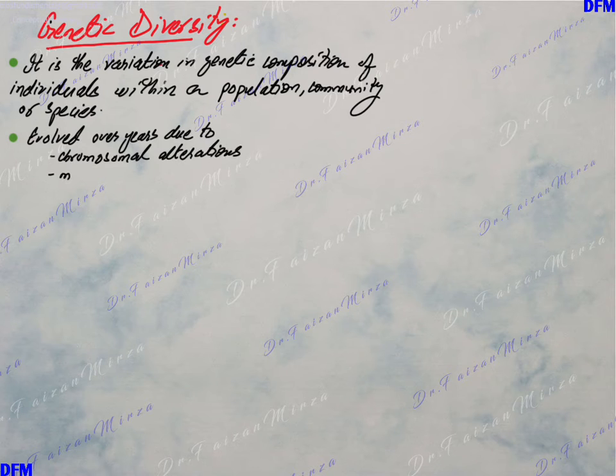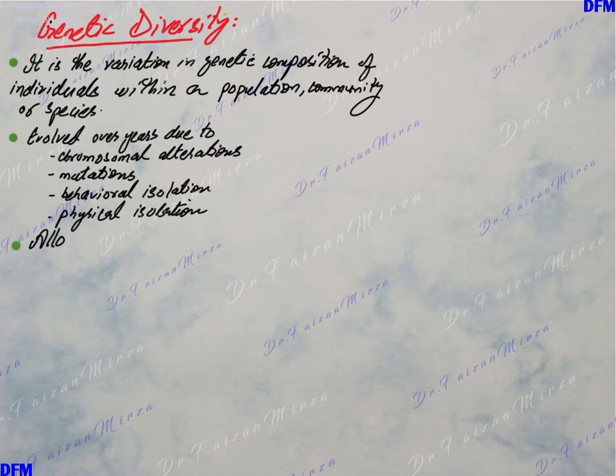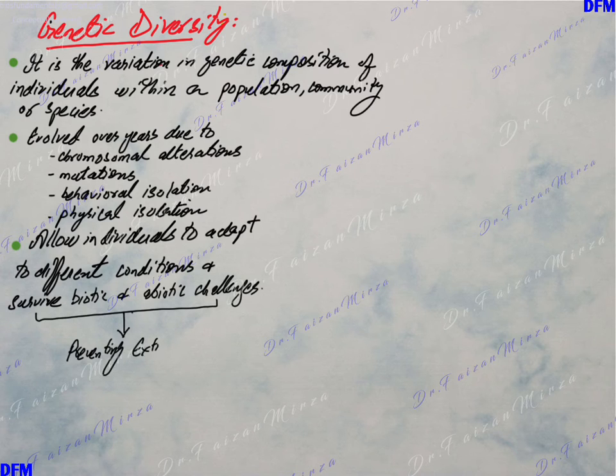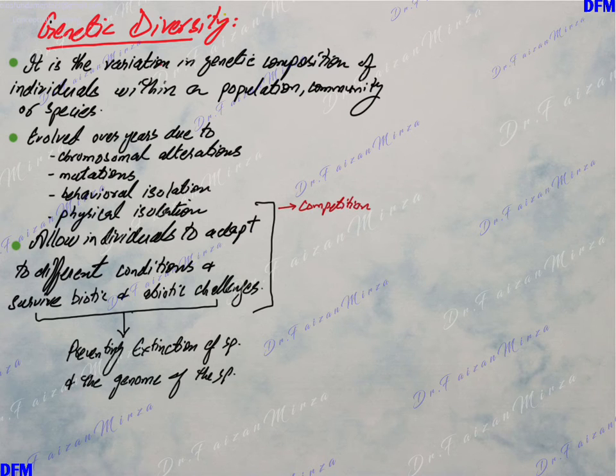Genetic diversity evolved over years due to chromosomal alterations, mutations, behavioral isolations, and some physical isolation, and all of these allowed different individuals to adapt to different conditions in the same environment. And the ones who actually evolved survived both biotic and abiotic challenges, preventing extinction of the species and the genome of the species. So the greater the genetic diversity, the more resilient that organism is to getting extinct.